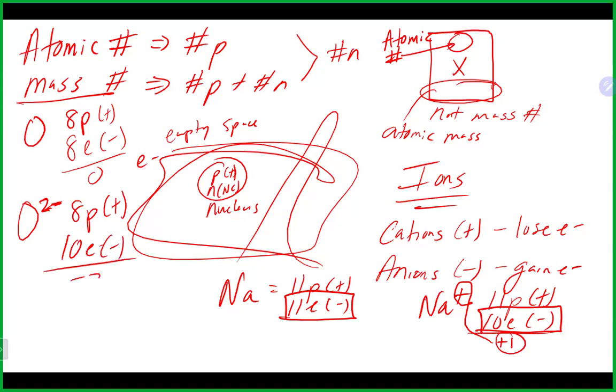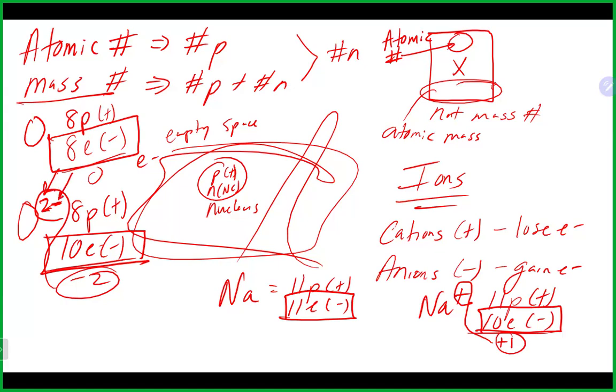And that gives us an overall -2 when we take 10 negatives and 8 positives. And once again, that is where the charge comes from. And in comparison between our neutral guy, which is 8 electrons, to our -2 guy, which has 10 electrons, the difference is 2 electrons. Negative means it has gained electrons from its neutral self, if you will.